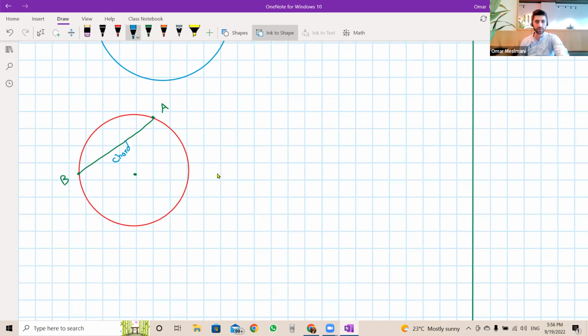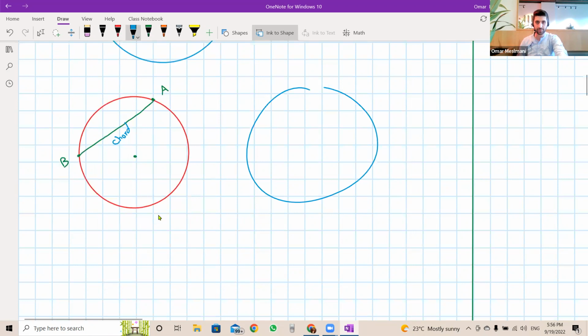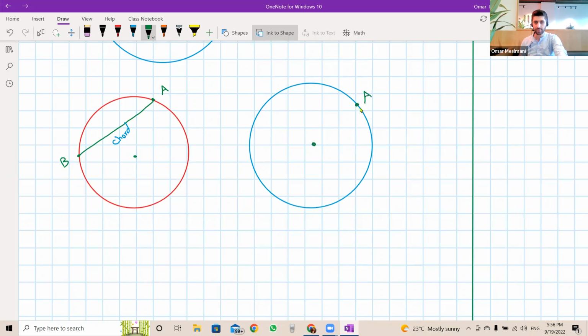Exactly, we call it a chord. What if I have a circle and that's my center, and the chord passes through the center? Diameter. Exactly. So AB now is called a diameter.